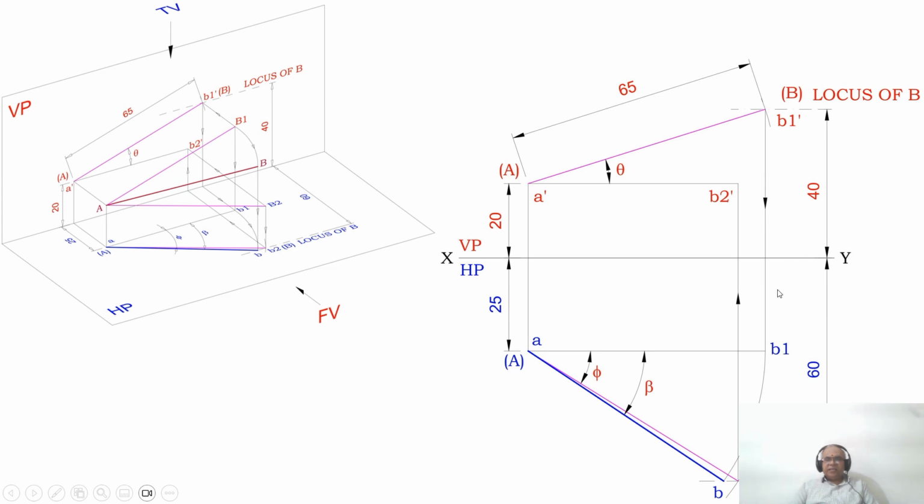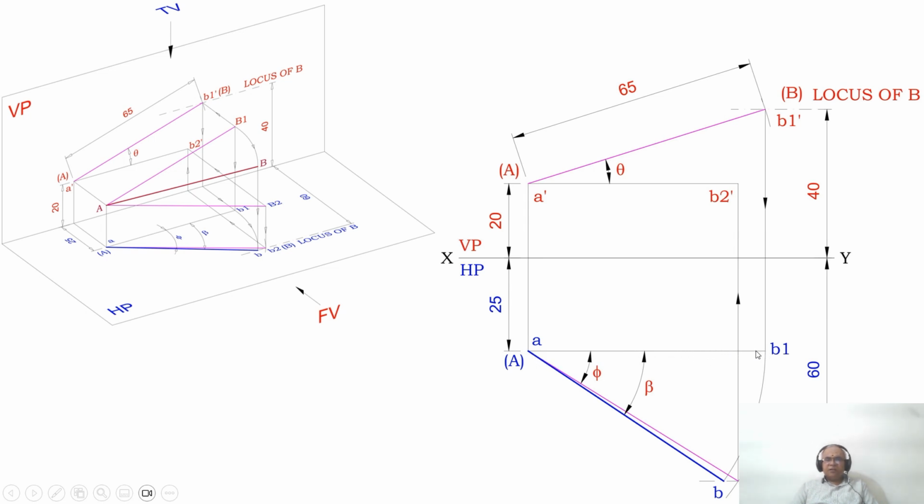So originally B1 is in front of VP by 25 mm. Since the locus of B in the top view is at 60 mm from the XY line, with A as center, taking the radius of AB1 using the compass, you rotate it such that B1 lies on the locus of B in the top view. That means instead of B1 being in front of VP by 25 mm, it will be in front of VP by 60 mm, so that the length of the line AB1 should not alter.